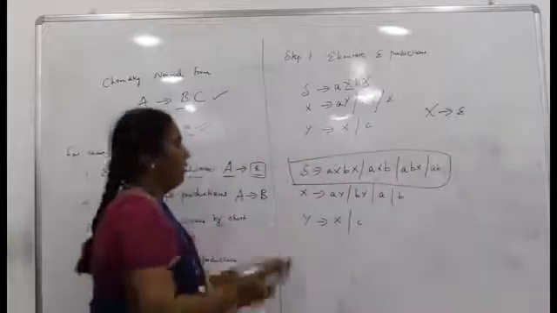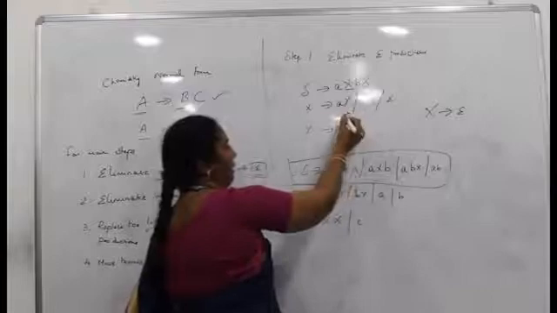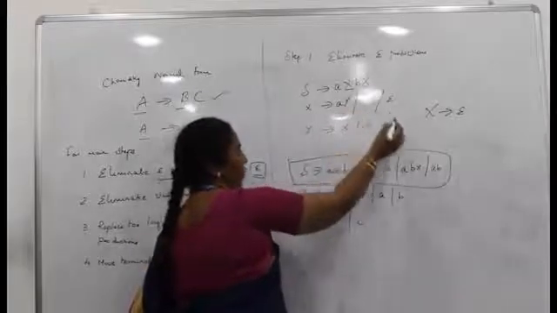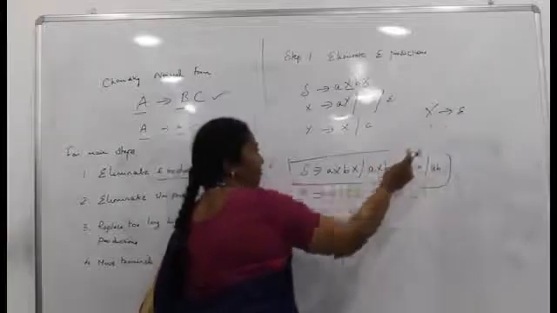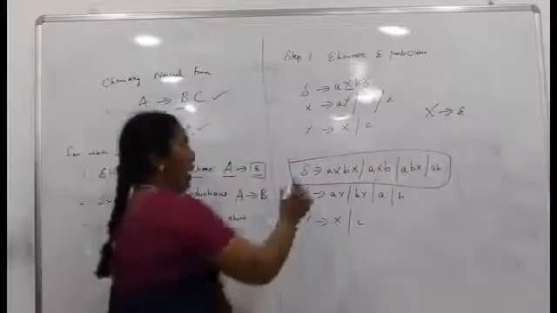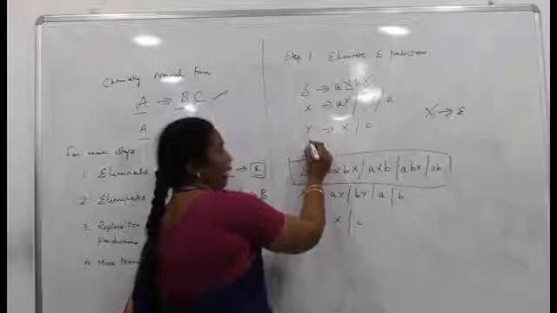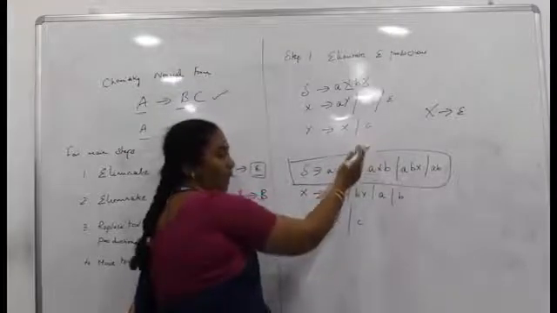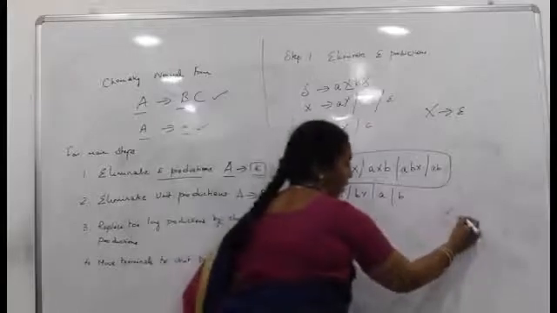Next, X gives aY, X gives bY, X gives epsilon. Now we have eliminated X gives epsilon, and in the third production, Y gives X is there. Since X gives epsilon, now Y also gives epsilon by default.